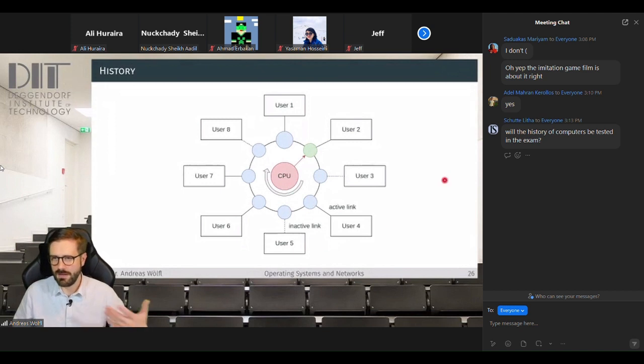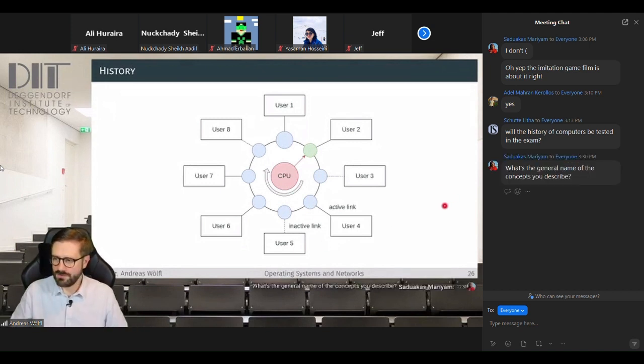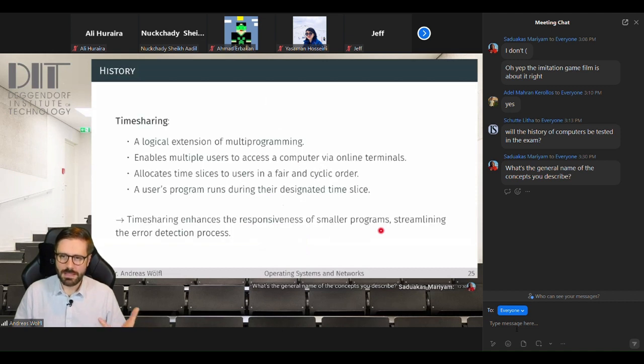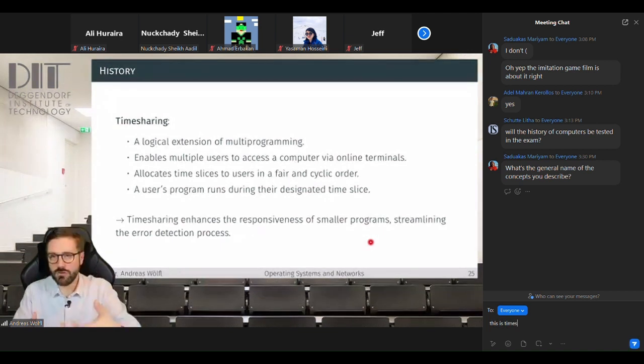In a cyclic manner, every user has a time slice where a context switch happens, and this allows multiple users to use the resources of the computer in a shorter time. Otherwise, user 1 would execute the program until it terminates, and then the next user is in line.